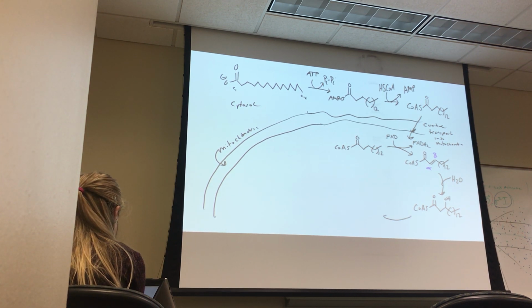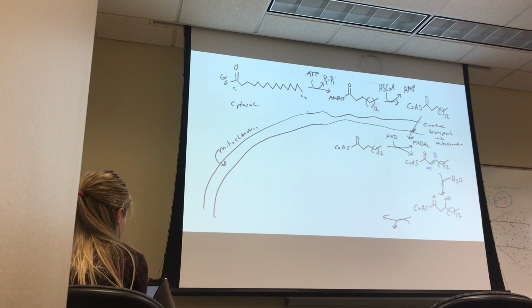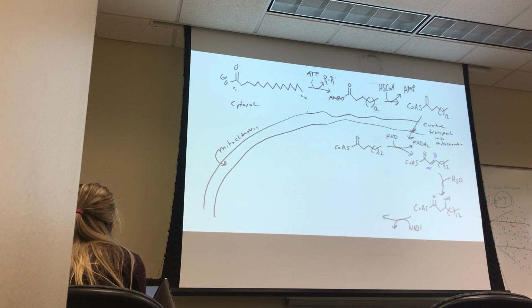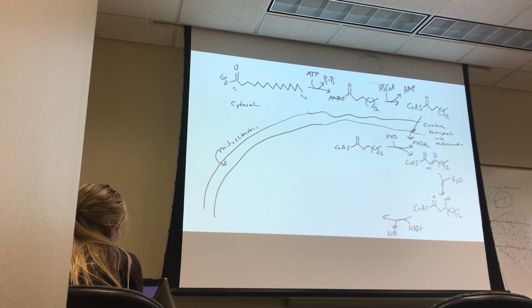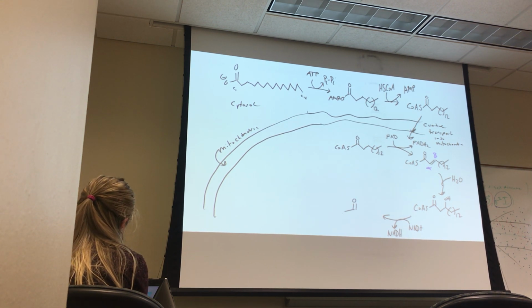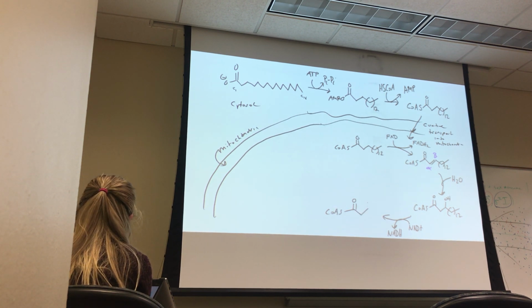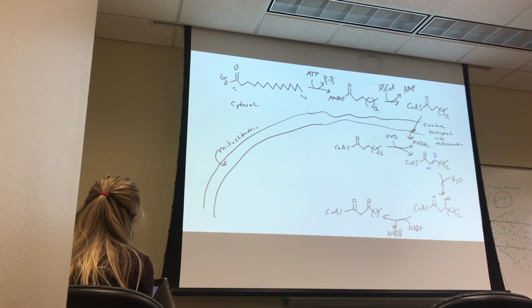Then we're just going to oxidize this further. There's only 4 steps. But we're going to bring in NAD plus. We're going to get NADH out. And then the last step is we're going to use a thiolase.